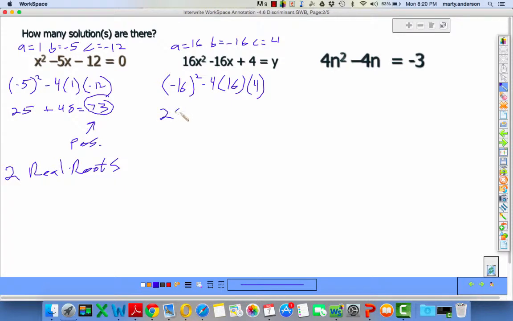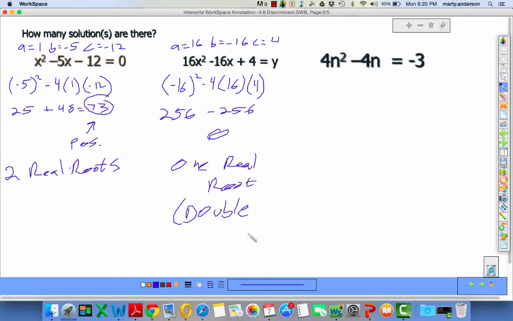I believe this is 256 minus 256. I get 0. I get one real root, also known as a double root. Let's keep that one in mind. We'll finish solving that one in a little bit.